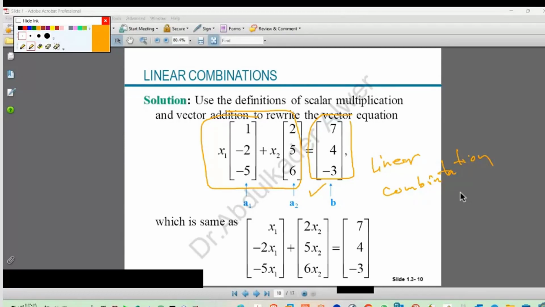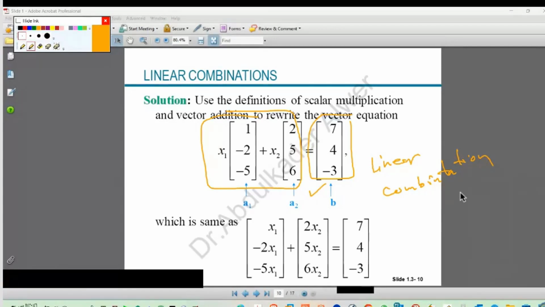Linear combination means that I have to solve this system. How can I solve based on my augmented matrix? Then find the x values, then put the x values in the formula. After that, check if left equals right. Repeat: for a linear combination, I have to check if left equals right.